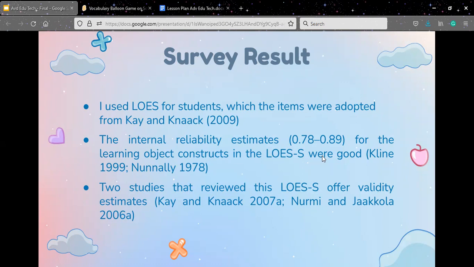And the study that reviewed this LOES showed validity estimates. So the survey is credible and shows its reliability and also validity to assess the learning object.